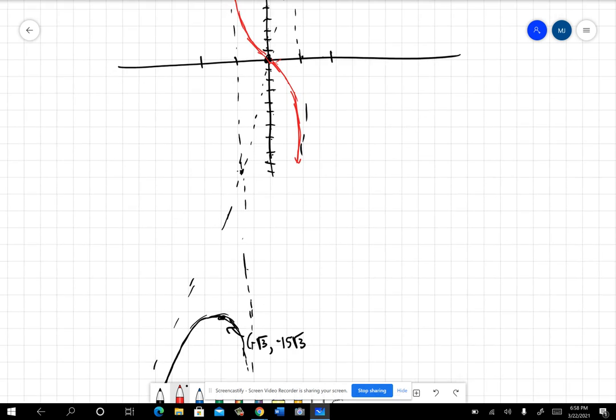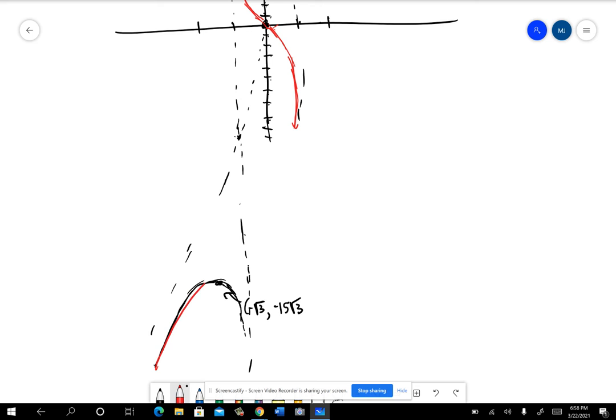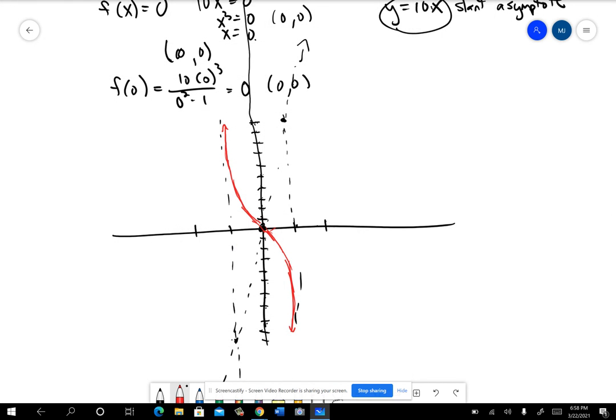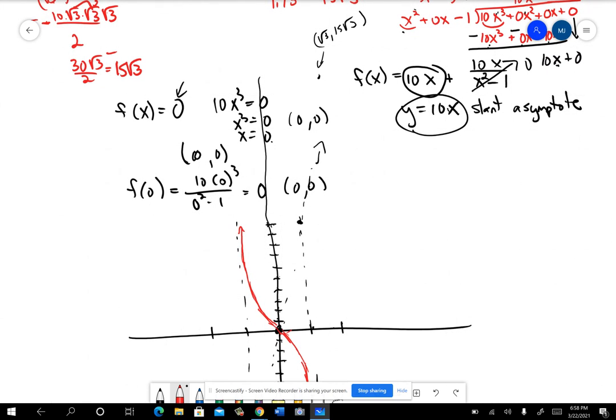All right, we've already got this piece down here. Remember, way down here, and I'm going to shrink this in a minute so you see the whole thing. You can probably imagine what's going to happen to this other one. Let me go back and put that asymptote going up a little higher, and let's get that line y equal 10x.